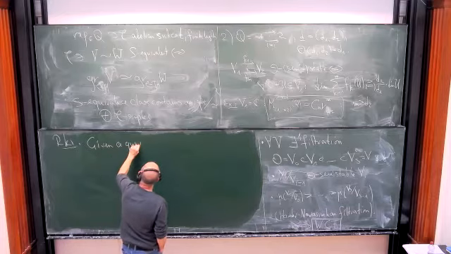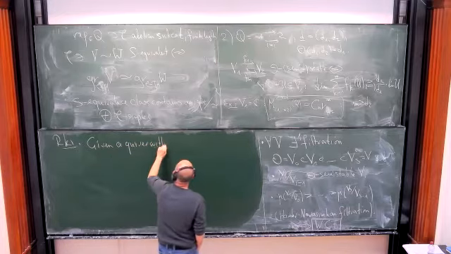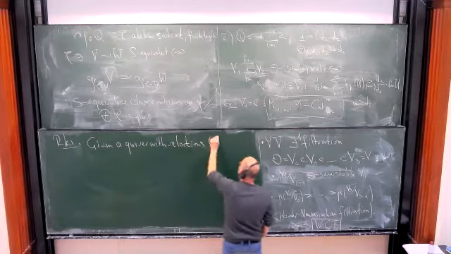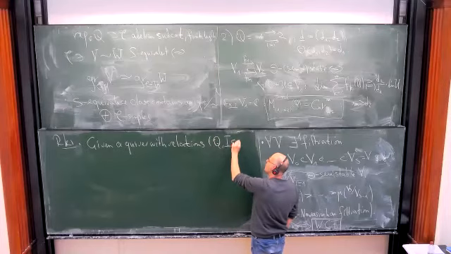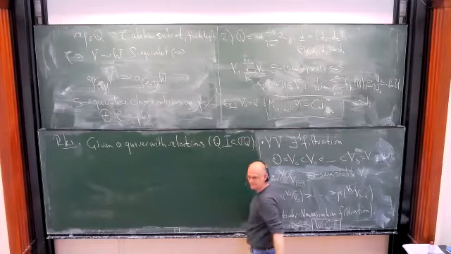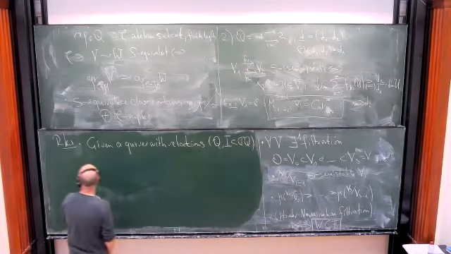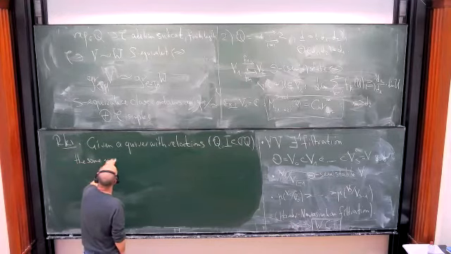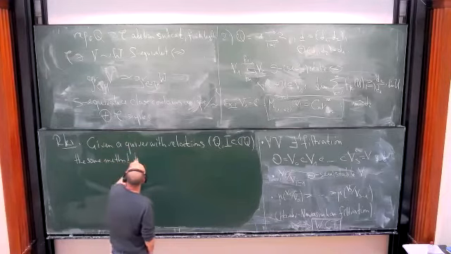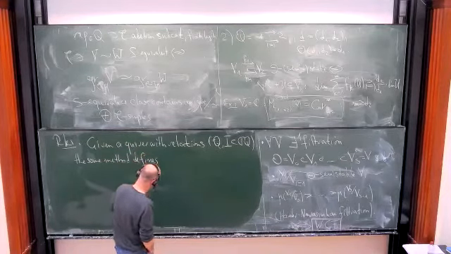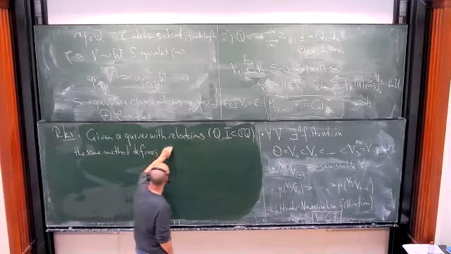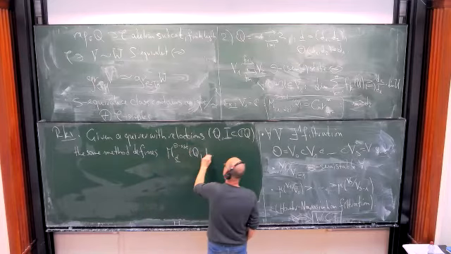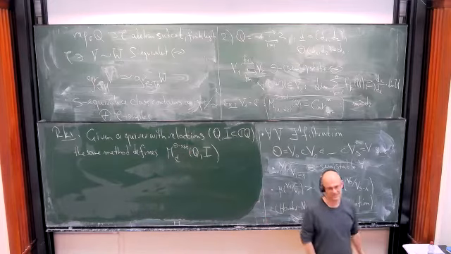Given a quiver with relations, Q, and then an appropriate ideal in the path algebra, the same method defines a moduli space of theta semi-stable representations of a quiver with relations.